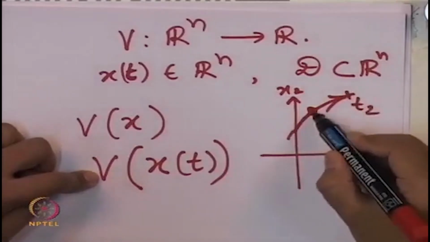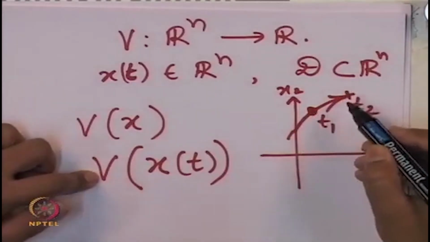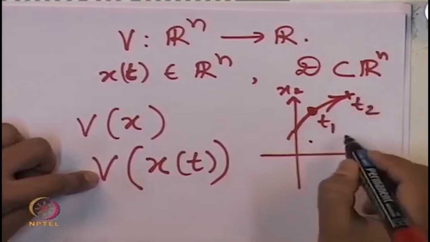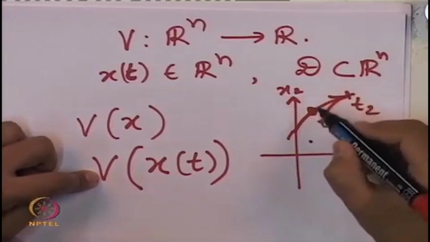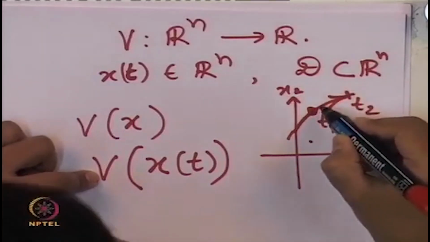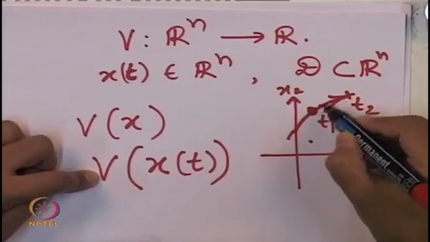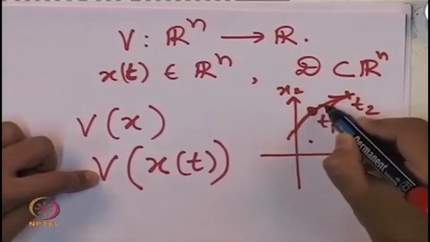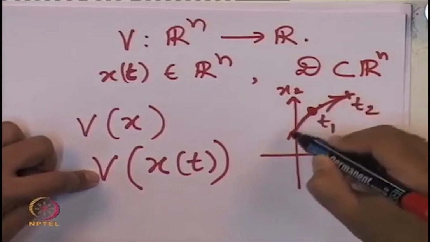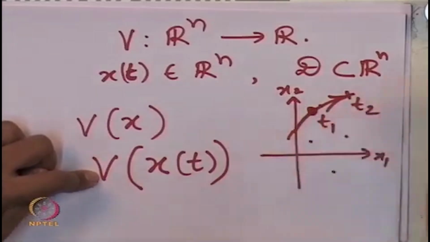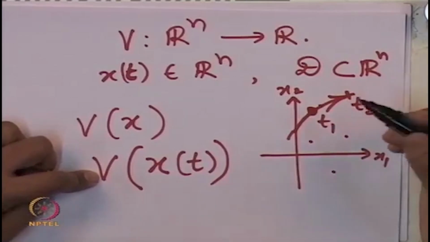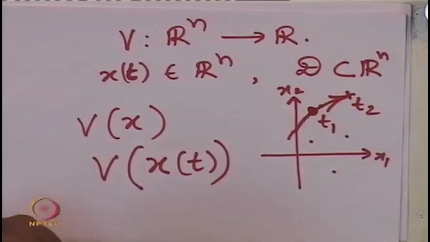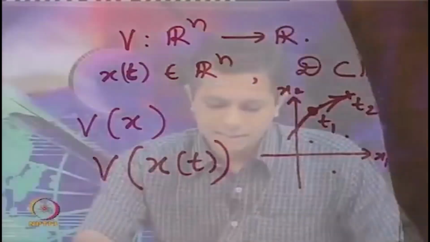Because x itself is changing, along this trajectory we can see how the function v is changing. v has some value at this point, some value at this point, and immediately further along this trajectory, v has a different value. Similarly, as x evolves along this trajectory, the value of the function v is also changing. In that sense, v is a function of time also, because we are evaluating v along a trajectory x.